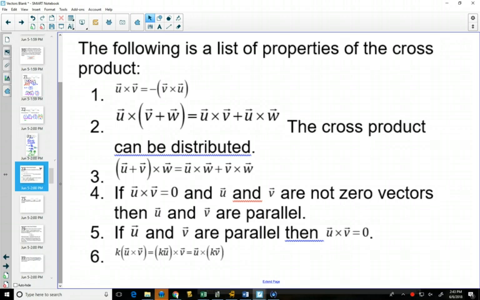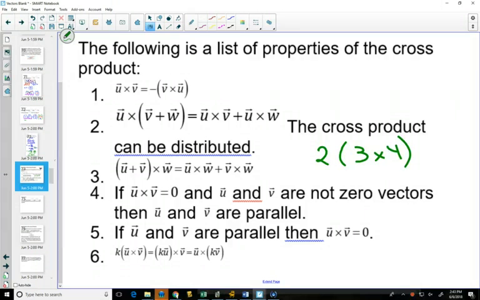But not both, right? It's sort of like multiplication. Similar to if I have 2 times 3 times 4, I could choose to do 12 times 2 and get 24. I could choose to do 6 times 4 and get 24, or I could choose to do 8 times 3 and get 24.